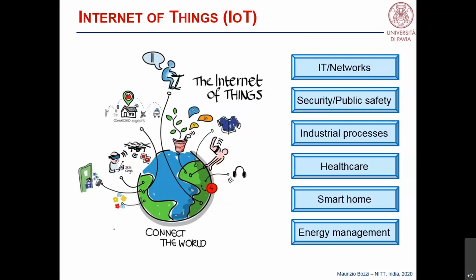So for this monitoring, you need sensors that are distributed in your machines, and you need wireless connection between these sensors. Another area that is developing very much under the umbrella of the Internet of Things is the big topic of healthcare and biomedical systems.